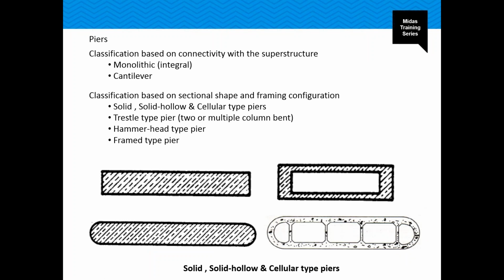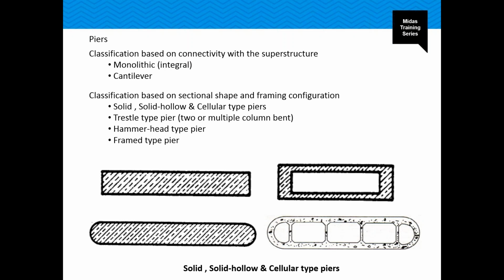So the classification of piers. Piers can be classified on the basis of the connectivity with superstructure. They can be of monolithic or integral type, or secondly, they can be of cantilever type based on the superstructure and substructure separation. If they're separated by bearings, then they'll be cantilever type.